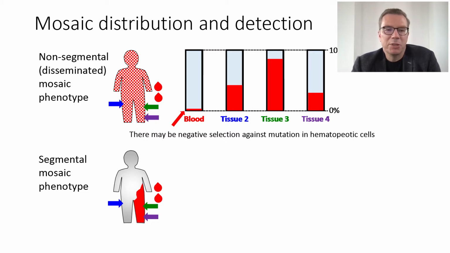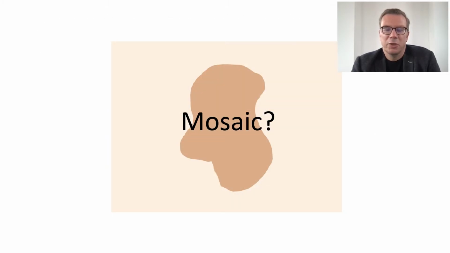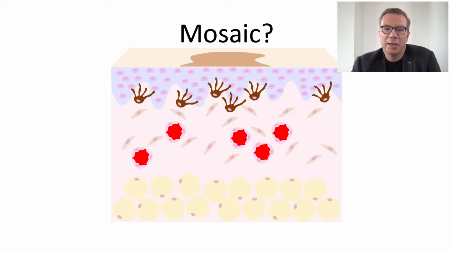In the case of a segmental mosaic phenotype, as we see in the oncogenic mutations, it is very often that the mutation is only found in the affected tissue, while unaffected tissue and also blood is negative for the mutation. So if we suspect a mosaic lesion or mosaicism in the tissue, we have to consider that the underlying or overlying tissue of the lesion contains different cell types and germ layers.